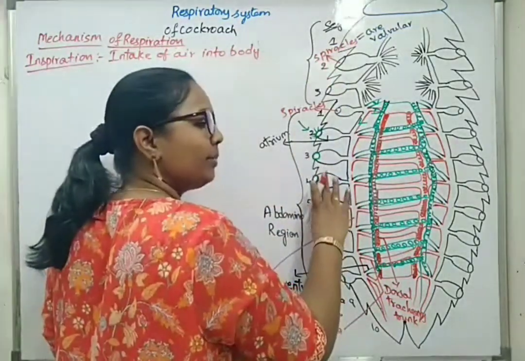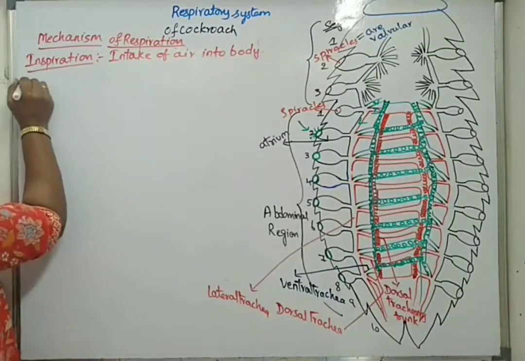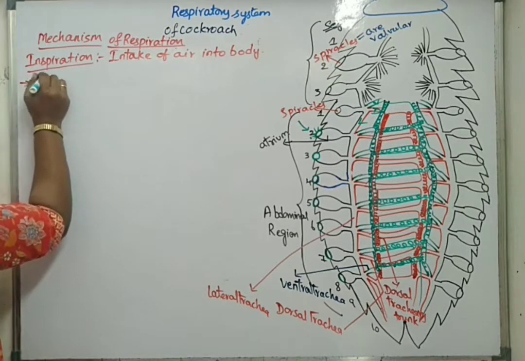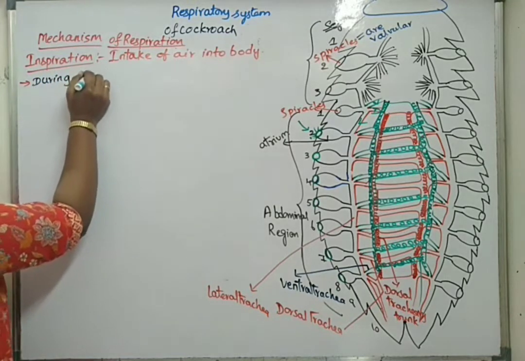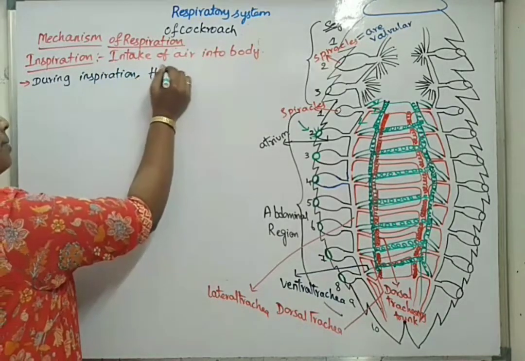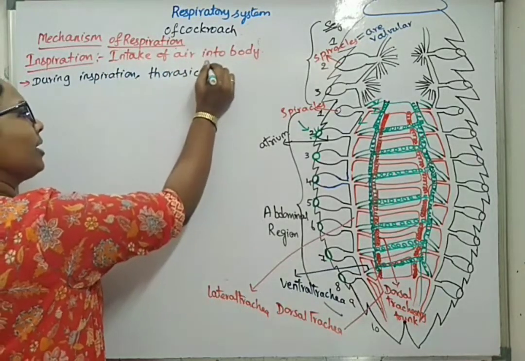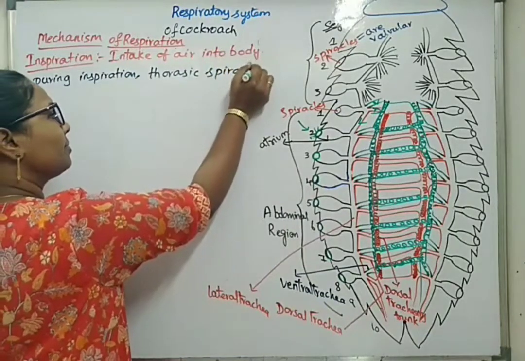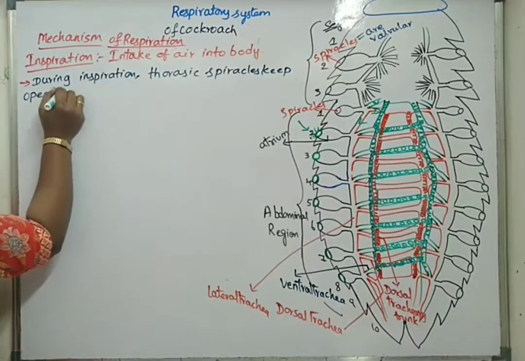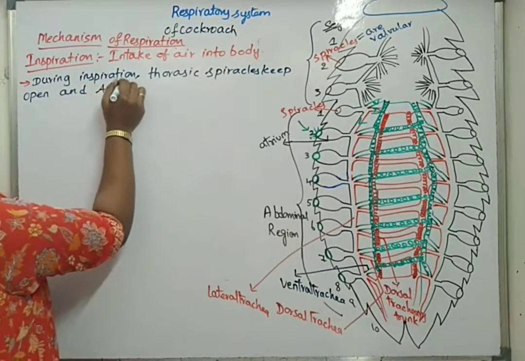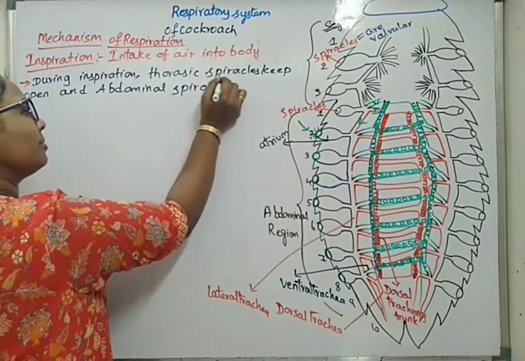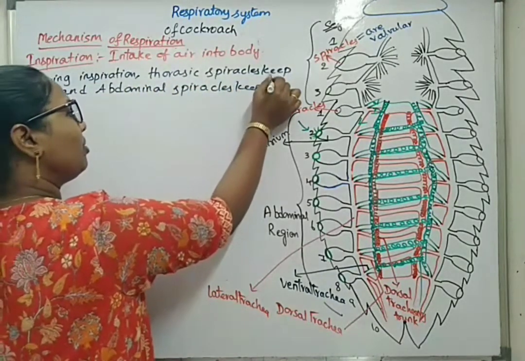Abdominal spiracles keep closed. During inspiration, thoracic spiracles keep open and abdominal spiracles keep closed.